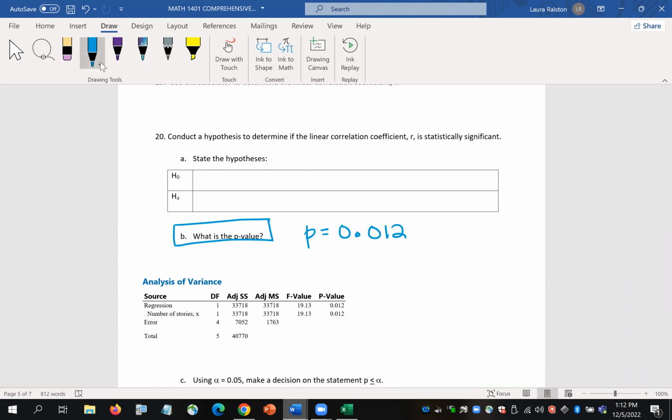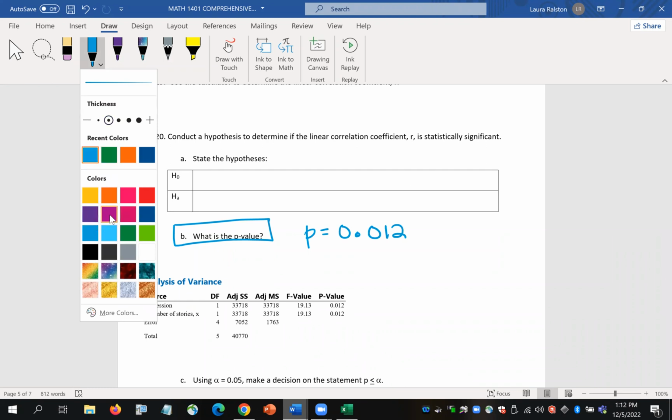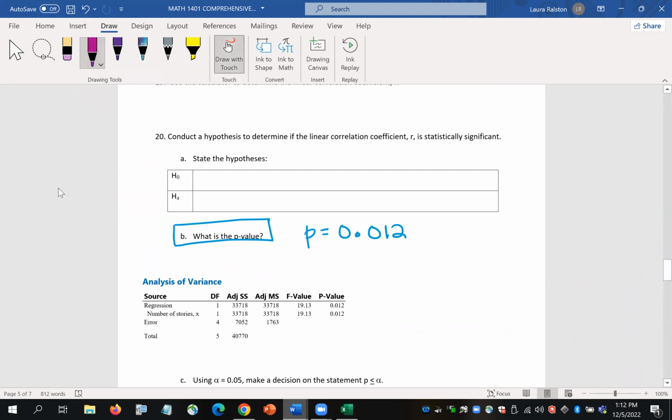The other issue that kept popping up with the regression is that most of you understand that the null hypothesis is rho equals 0 and the alternative is rho does not equal 0.